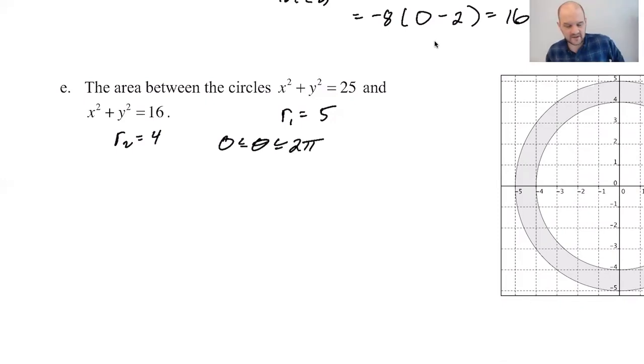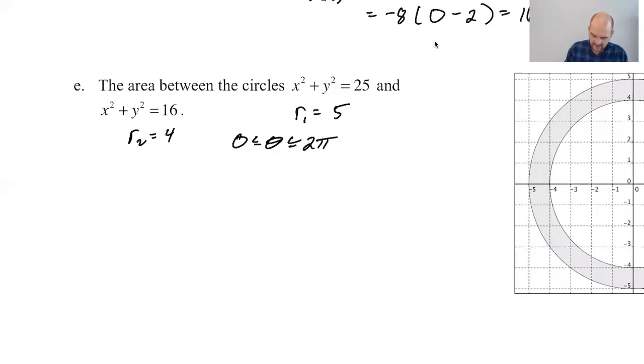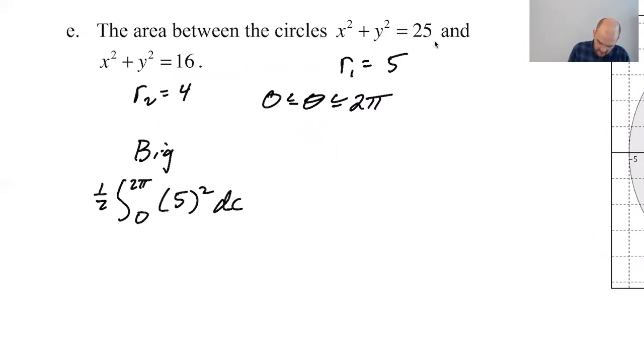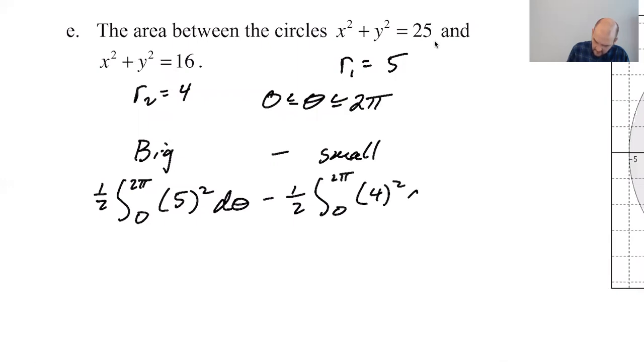There are two ways of thinking about this, and you should think about it both ways. One is big minus small. The big area is 1/2 the integral from 0 to 2 pi of 5 squared d theta, minus the small, which is 1/2 the integral from 0 to 2 pi of 4 squared d theta.